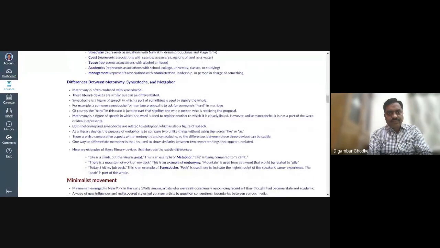Now, many times what happens, we get confused with metonymy, synecdoche, and metaphor. We need to understand the difference between these terms. Metonymy is often confused with synecdoche.